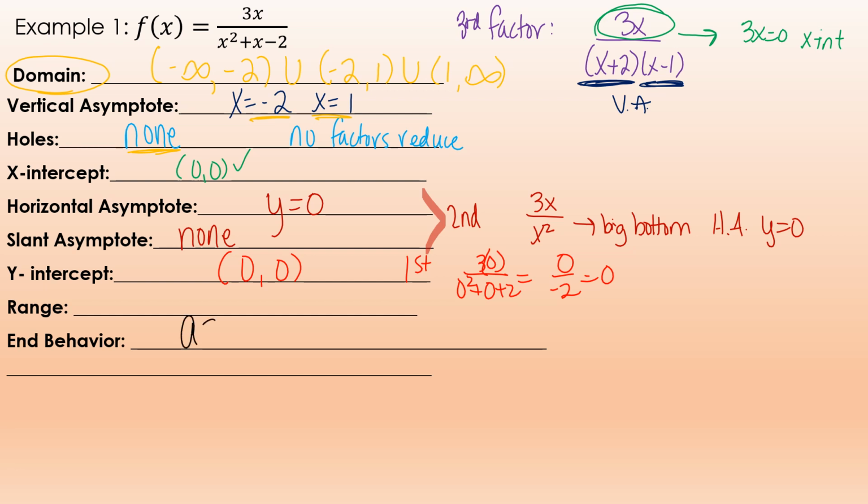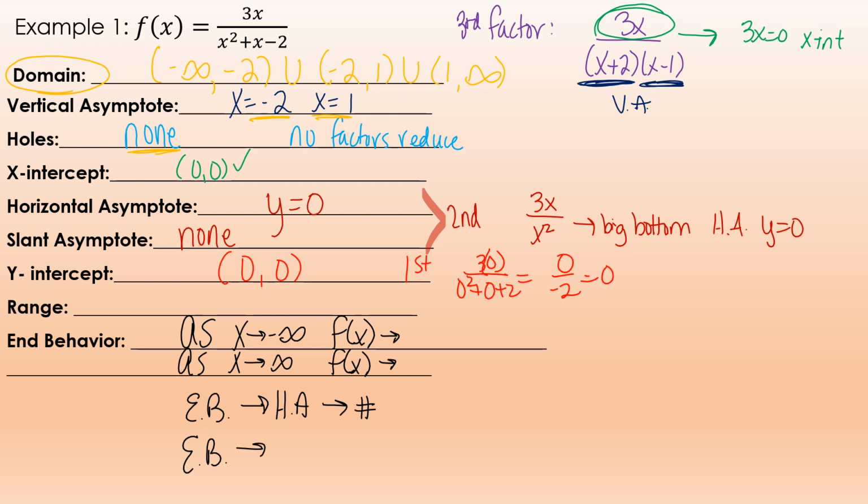So our end behavior statement is, as x approaches -infinity, f of x approaches, or the y values approach, what value? And then as x approaches +infinity to the right, what do the y values approach? Positive or negative infinity, or some y value. If you have a horizontal asymptote, then your end behavior is going to go to that particular value.